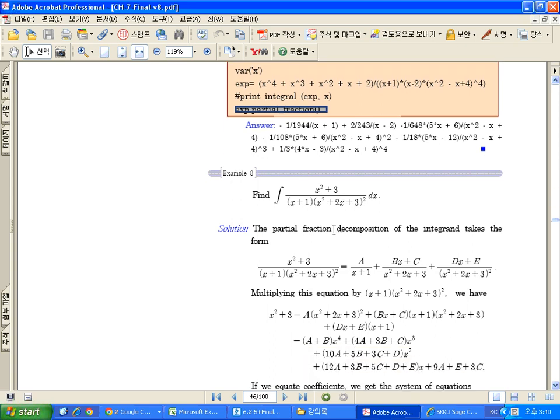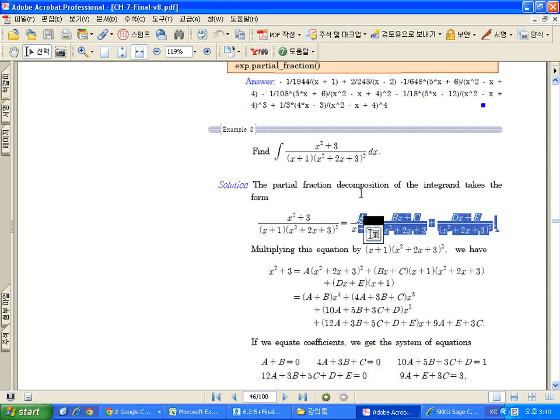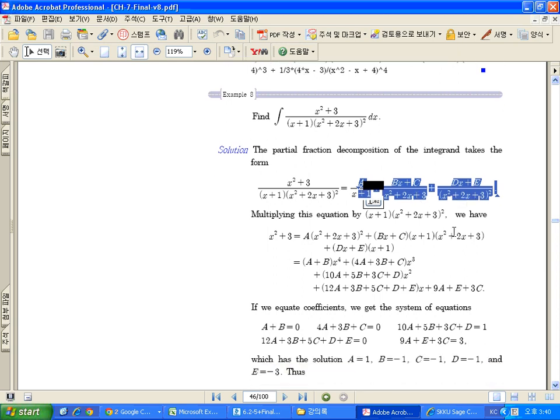For this problem, as you see, we should use this type of technique for the partial fraction, because it's a quadratic form. You should have 2 terms for that.